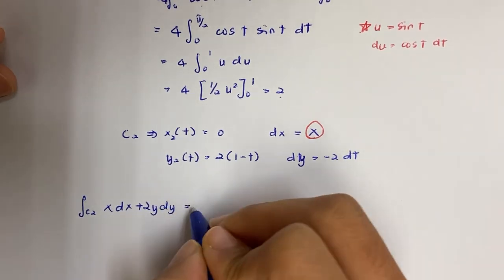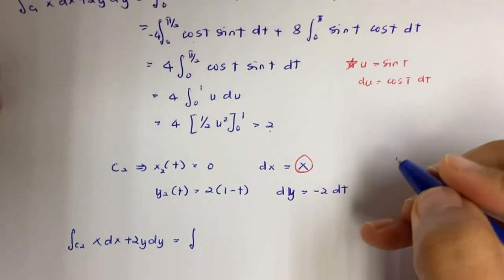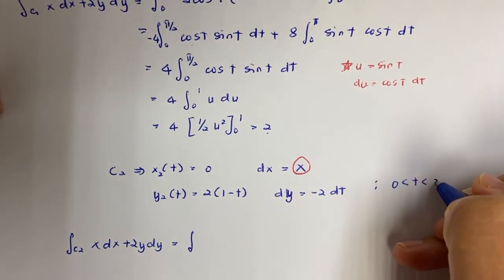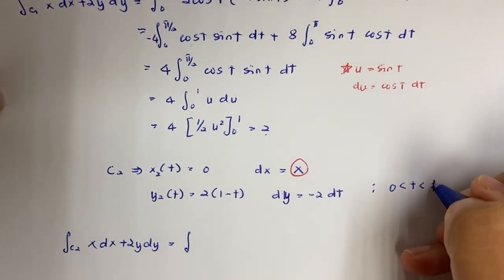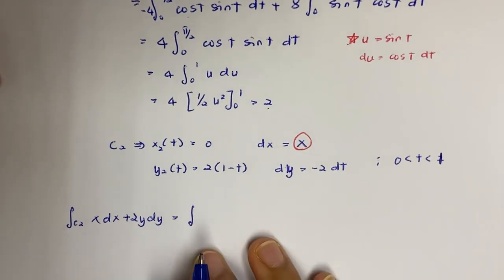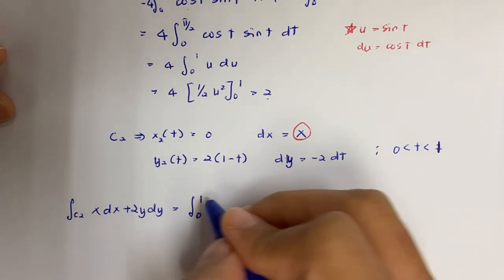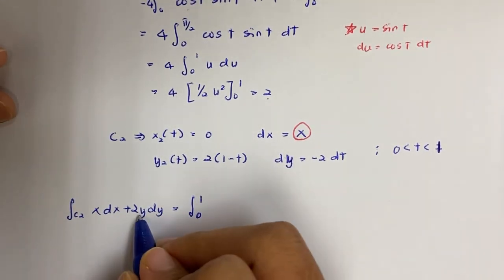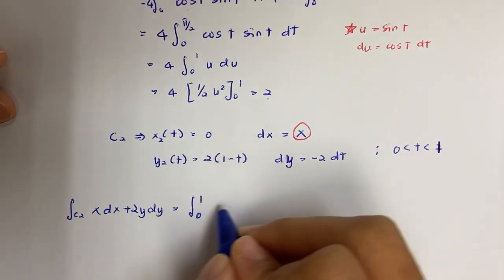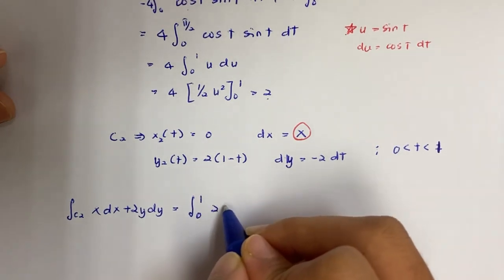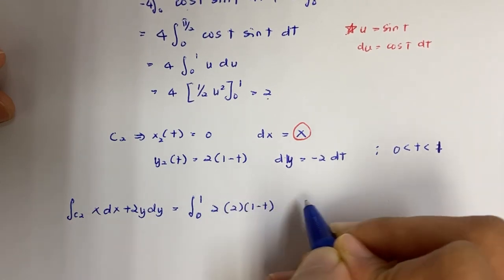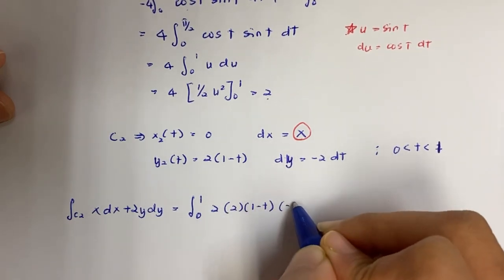Okay, so for C2, x dx plus 2y dy. The range for t is from 0 to 1. I don't have x, x is 0, so just focus on 2y. So 2y is equal to 2 times 1 minus t, and my dy is equal to minus 2 dt.